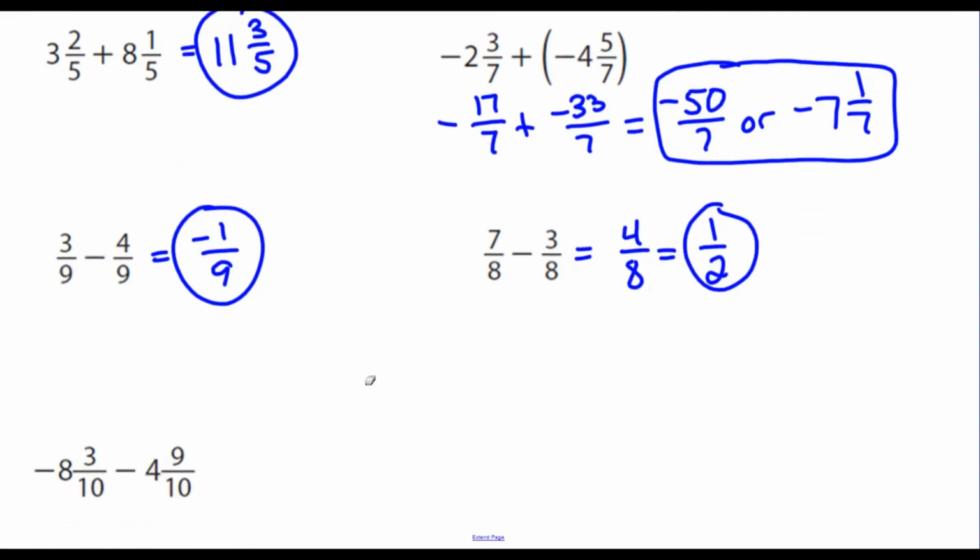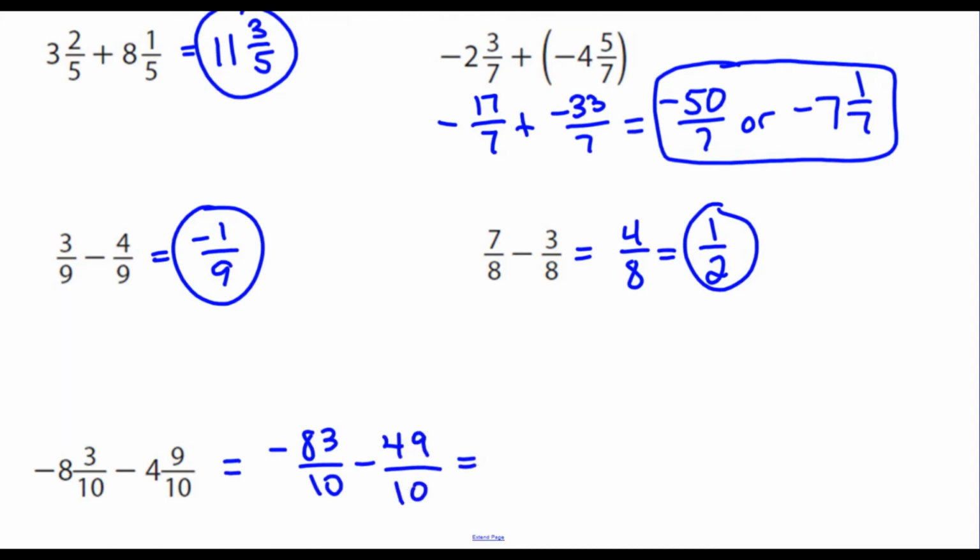And then here again, I've got a negative mixed number involved in this problem. So I am going to go ahead and turn these into improper fractions so I don't mess up with the fraction parts of this problem. -8 3/10 is -83/10 minus 49/10.